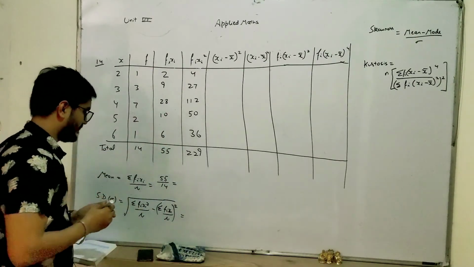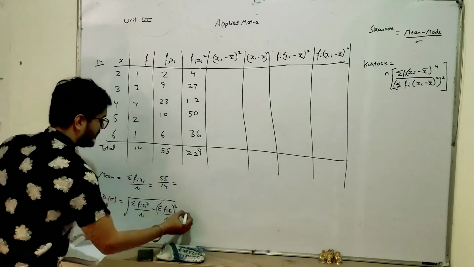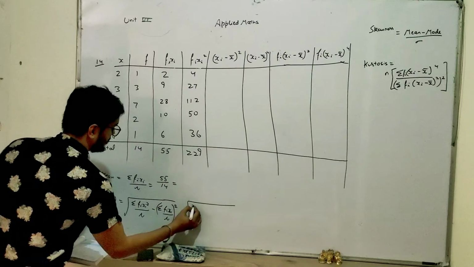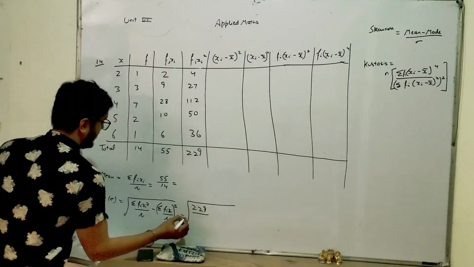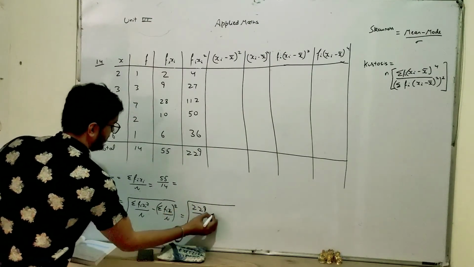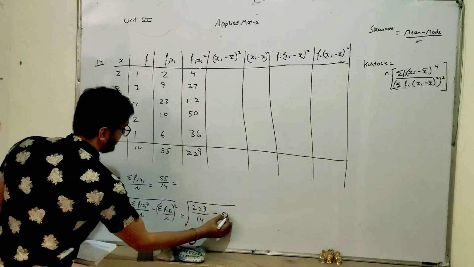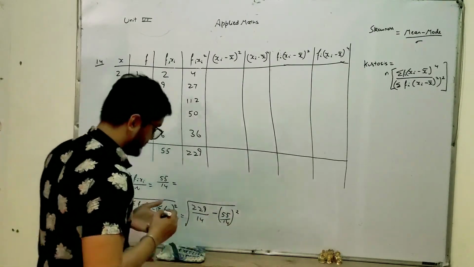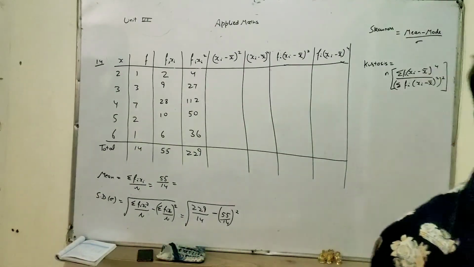Similarly, standard deviation will be equal to the square root of the sum of this, so 229 upon n, the value is 14, minus 55 upon 14 whole square, right? So just simplify this value.